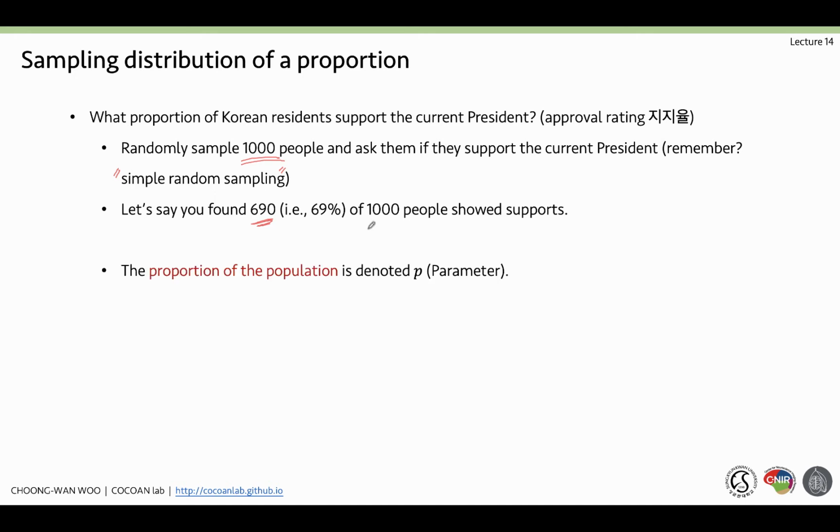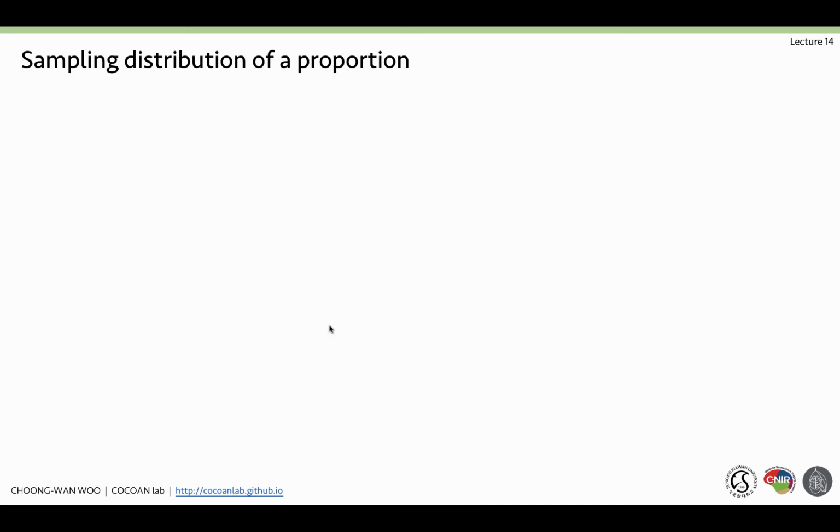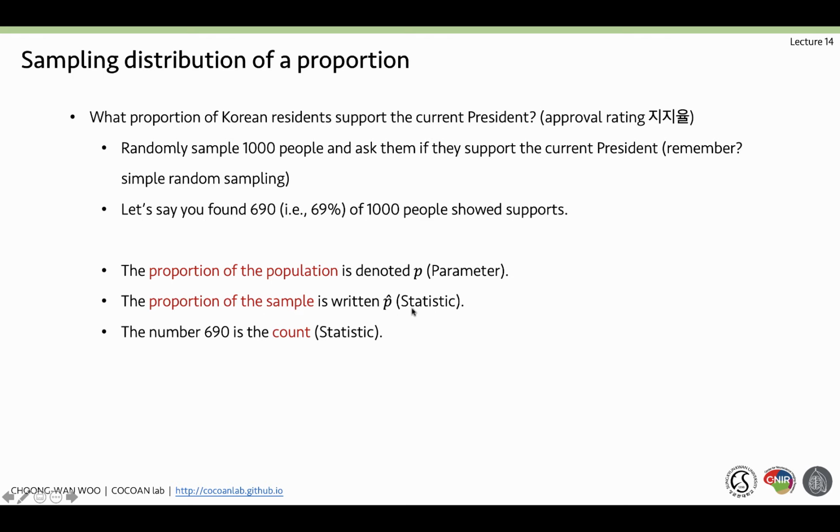And in this example, the proportion of the population is denoted P, that is the parameter, so there's no hat, just P. And then the proportion of the sample is written P hat, that is a statistic. So in this example, the count is 690, that is another statistic, and P hat is 0.69.